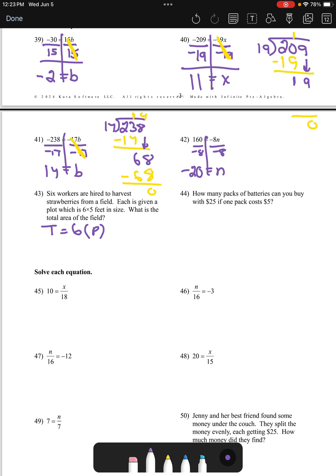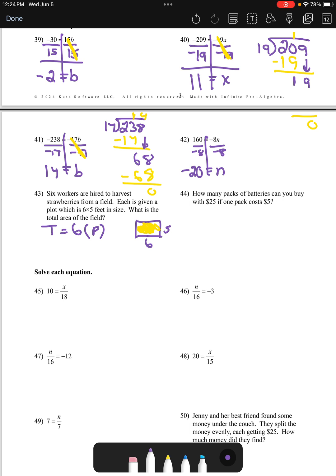So how do you find the area of a plot? Now, when they say 6 by 5 feet in size, they're telling you it's a rectangle that's 6 by 5. So what's the area of this thing? What is the area? What is the amount of space contained inside of this?